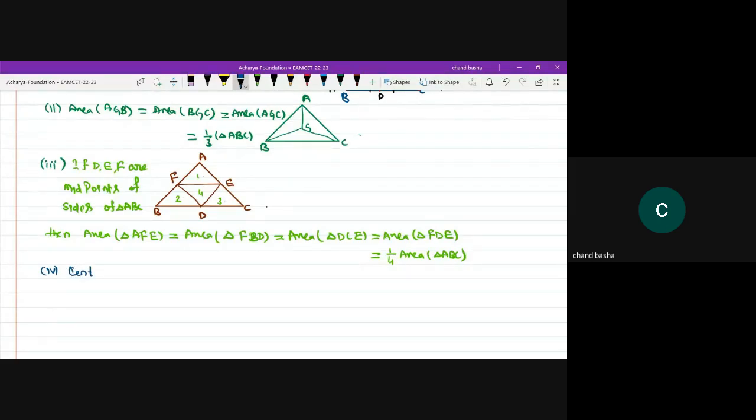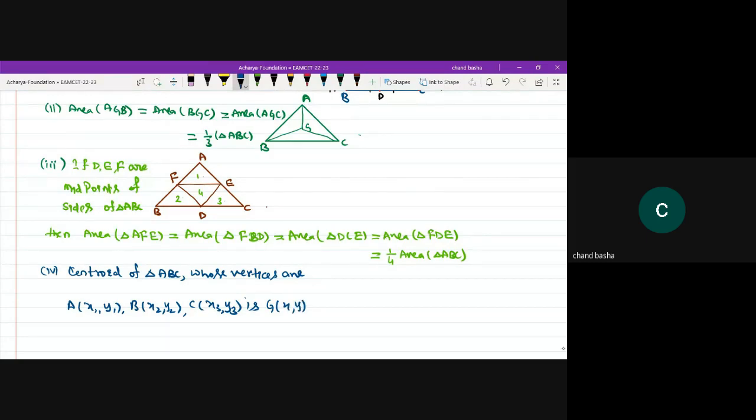The centroid of triangle ABC, whose vertices are given to you: A is (x1, y1), B is (x2, y2), C is (x3, y3), is G of (x, y).